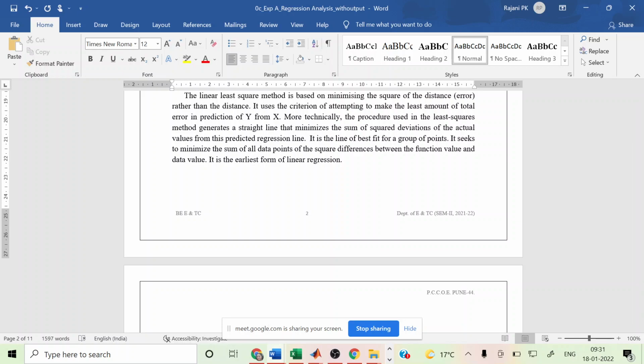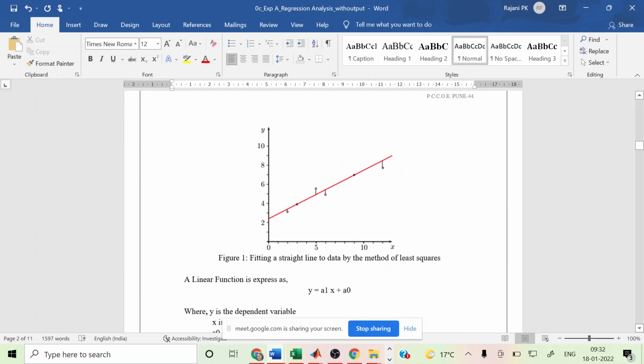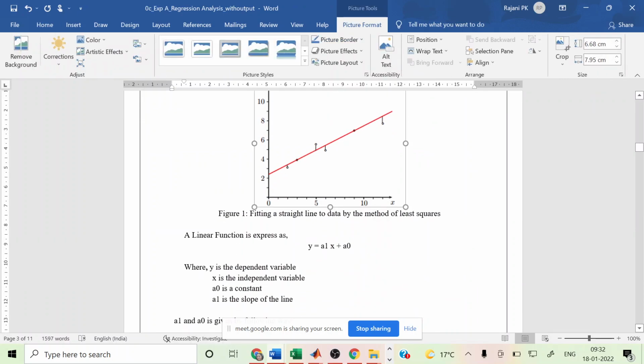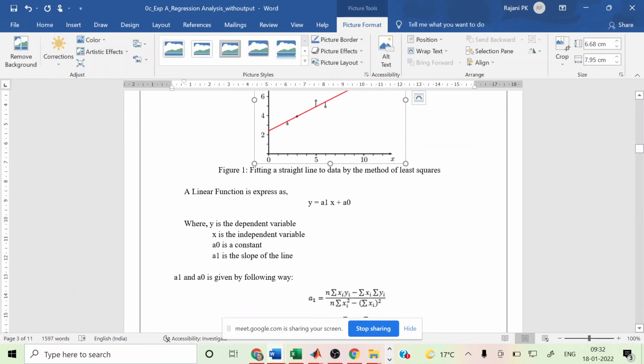The least square method generates a straight line that minimizes the sum of squared deviations from the predicted regression line. For the line of best fit for a group of points, it seeks to minimize the sum over all data points. So we do the summation for all data points, and it is the linear form. You can see that this is the equation of a line.